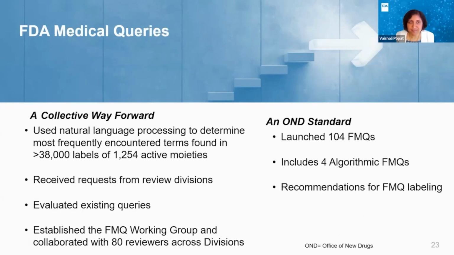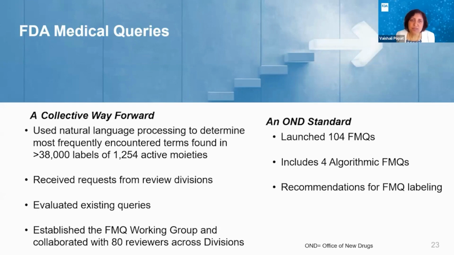Next slide, please. So a collective way forward would be to develop a standardized set of queries that we can apply. In order to determine what medical concept to start with, we decided the first approach would be to see what are the most frequently encountered terms in the labels.